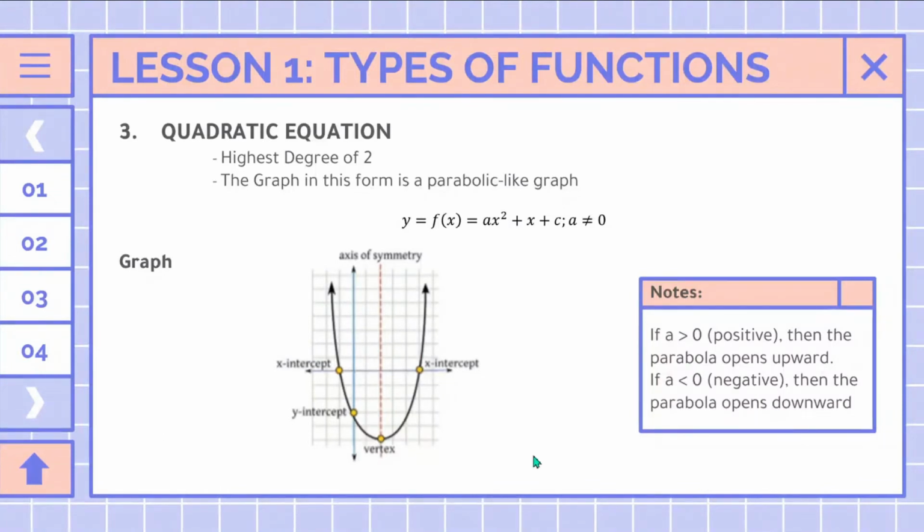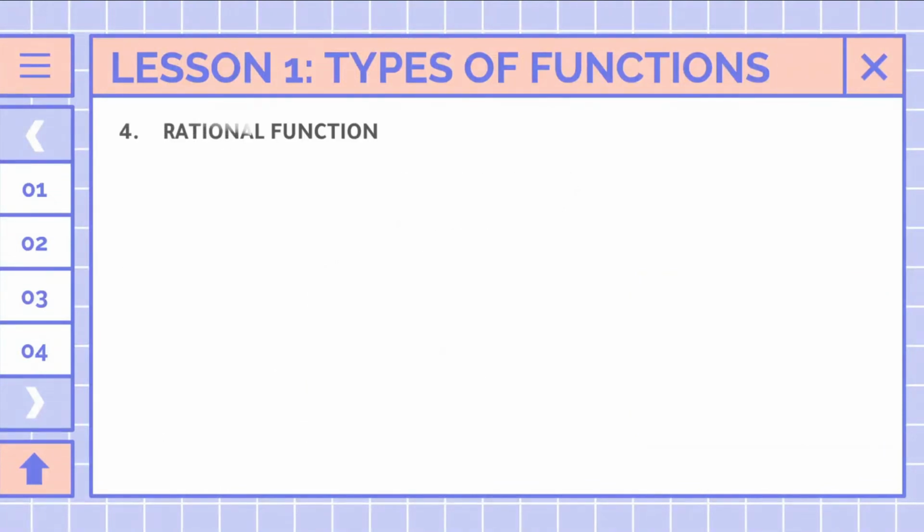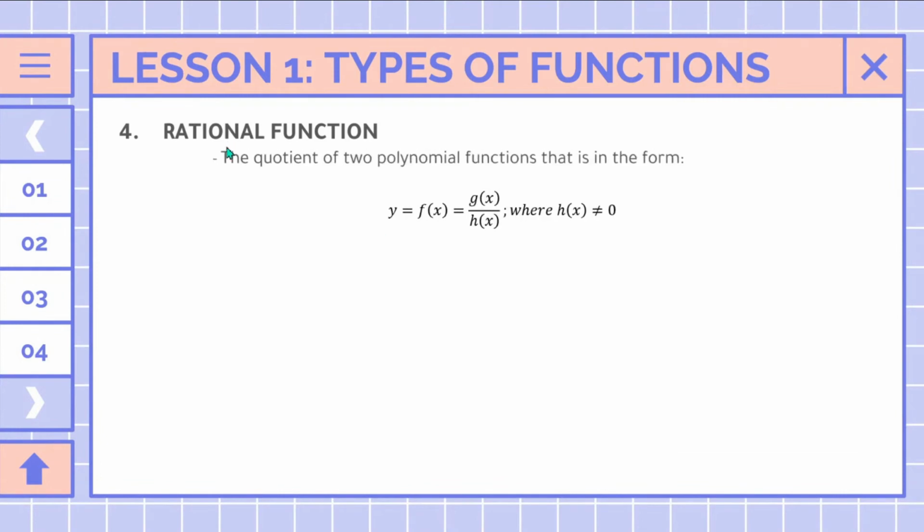So, next type of function is the rational function. The quotient of two polynomial functions that is in the form y or f of x is equal to g of x over h of x, where h of x is not 0. Nagtataka kayo bakit g and h yung nandito.